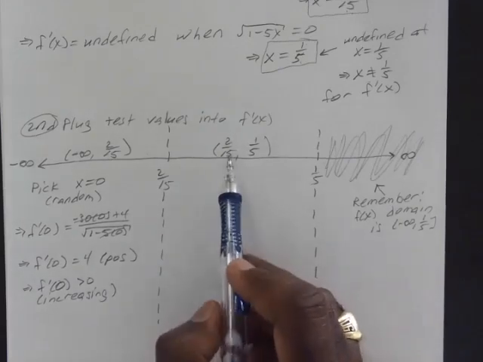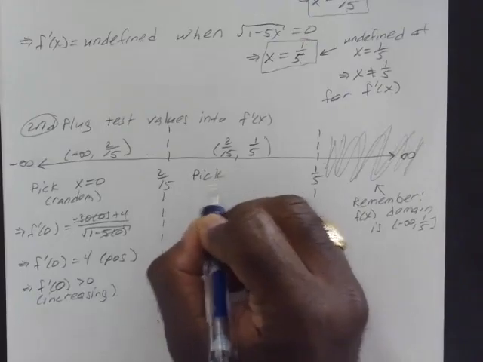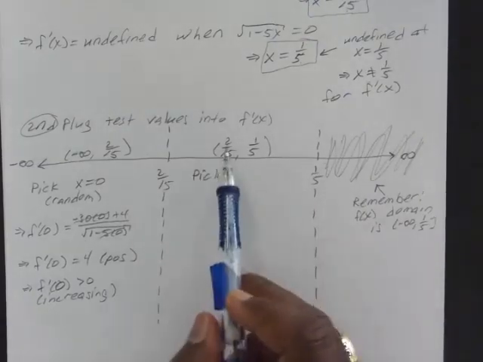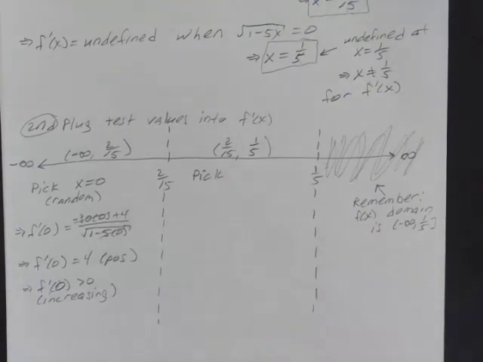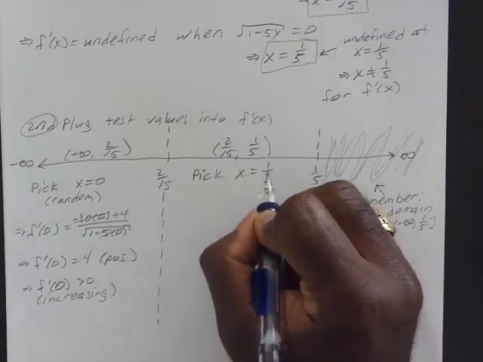Okay, so from 2/15 to 1/5, I honestly had to just pick a couple of fractions and see which ones kind of fell in that interval. And I ended up picking x is equal to 1/6.